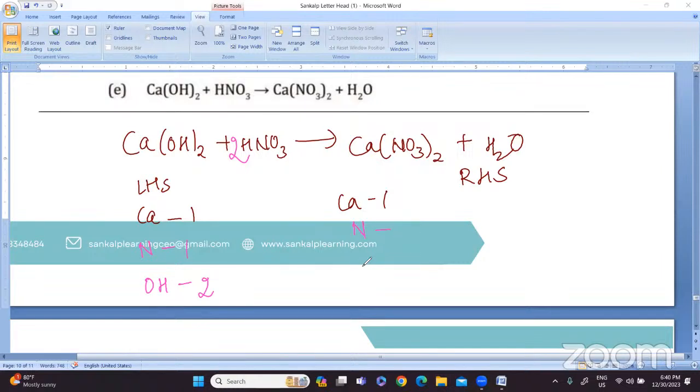Okay, then how will you write this? Yes, try to balance the chemical reaction, students. So if I write here 2, now see, count the number of atoms on both sides.